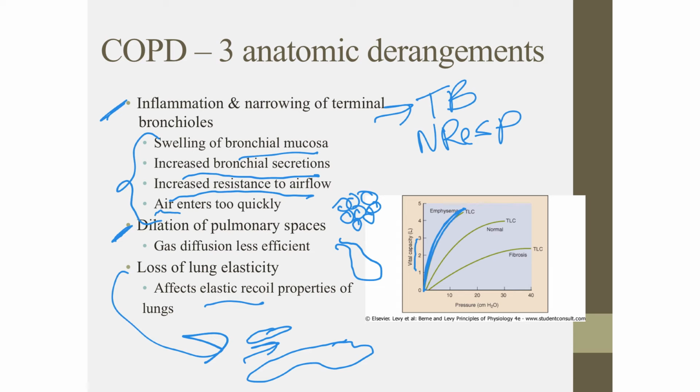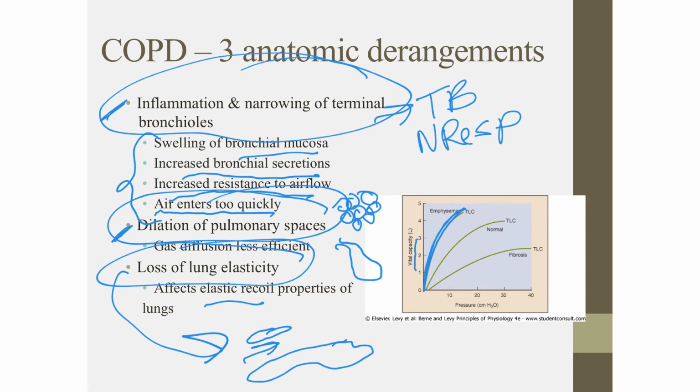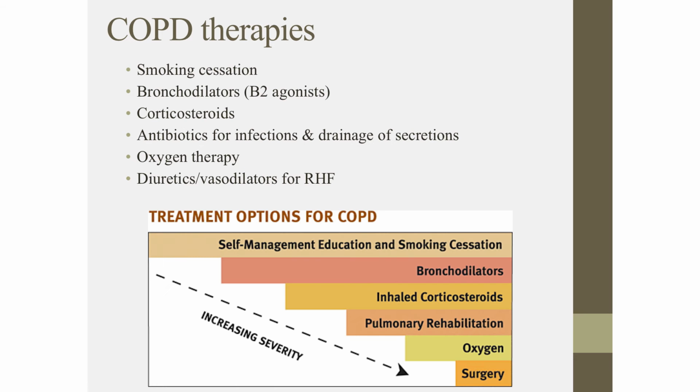We also see a general problem where air enters too quickly into the lungs because there is some component of emphysema here. We do have this hyperinflation. So three anatomic derangements: inflammation and narrowing of the terminal bronchioles, dilation of pulmonary spaces, and loss of elasticity.